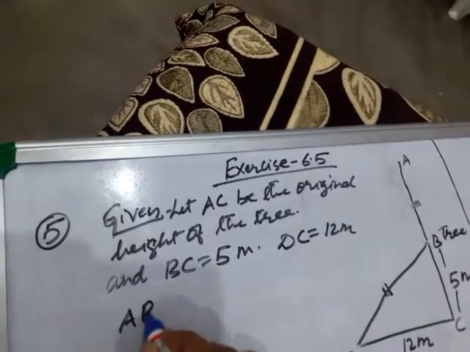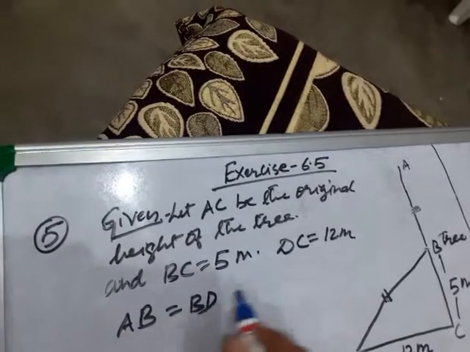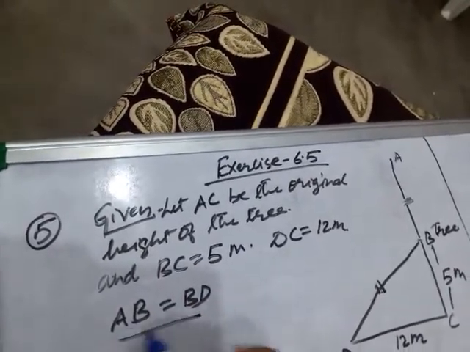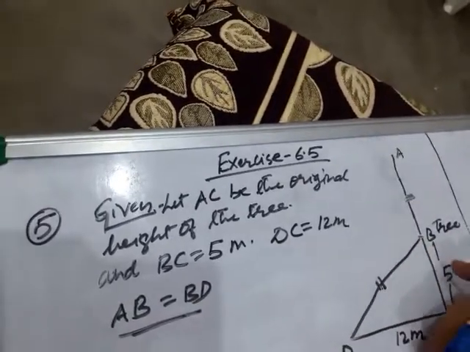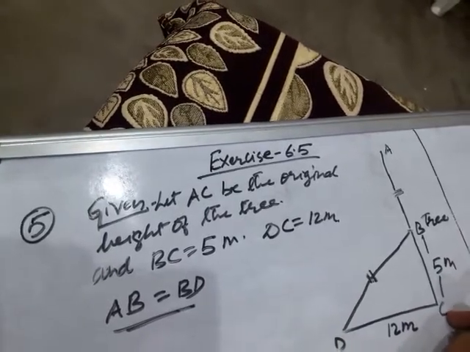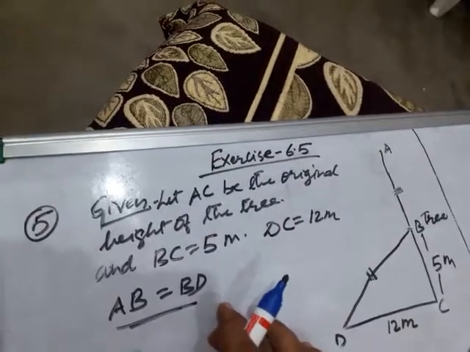AB equal to BD. This is given. Since it is broken from B, that is 5 meter away from the base of the tree, AB equal to BD, it is given.